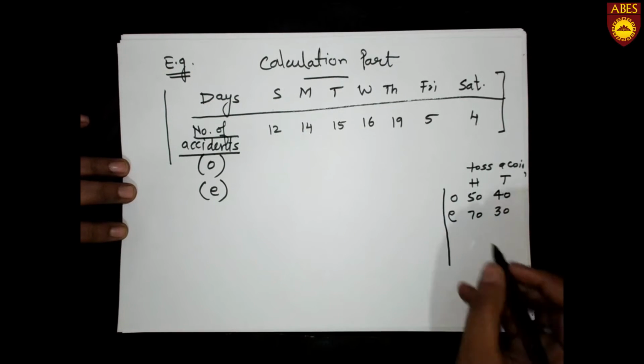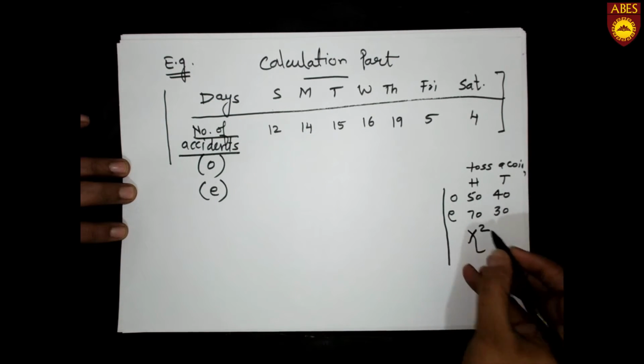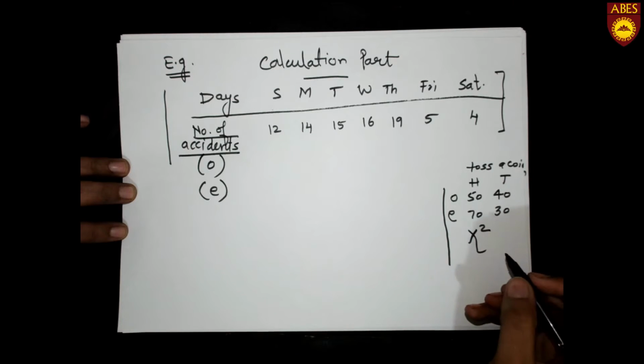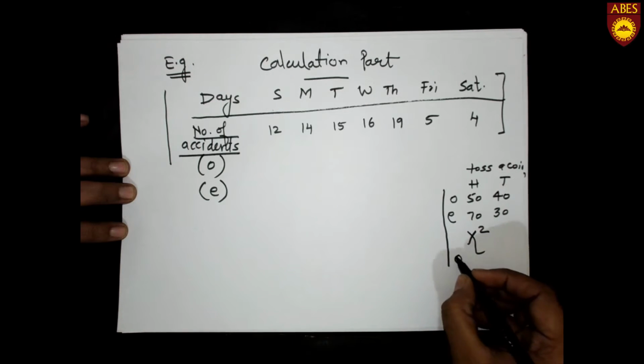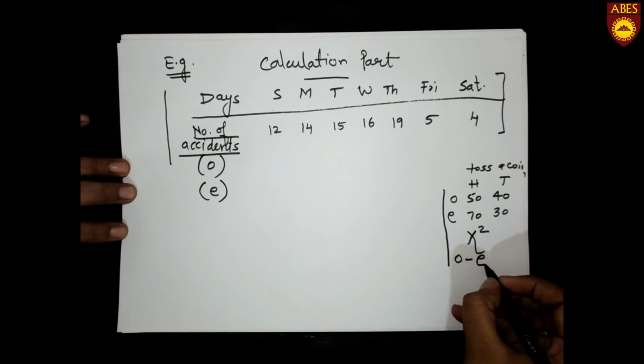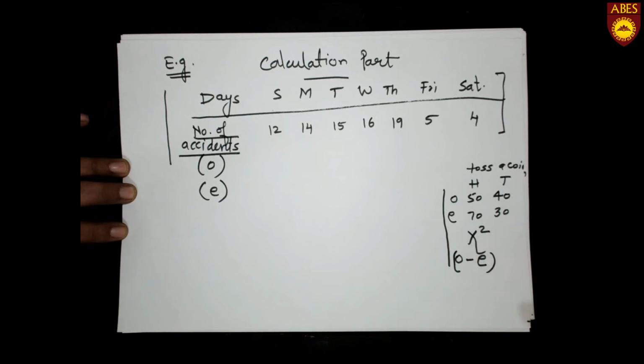So I have to find ultimately my chi-square value, and that includes the total calculations. What does that include? First I will calculate the value of O minus E, that is observed value minus expected value.